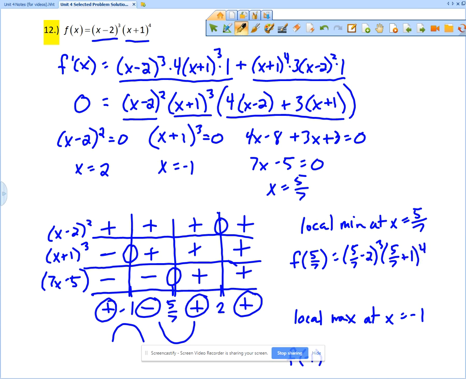Now, I understand that this is annoying, but the fact is that you would be able to say, this is my value. I think on the answer sheet I have a calculated value, so that would be what the answer is there. Then f of negative 1, same idea: (negative 1 minus 2) cubed, and then (negative 1 plus 1) to the fourth. This one's easy, that's just 0. So the local minimum is f of 5/7, and the local max is f of negative 1, which is 0.